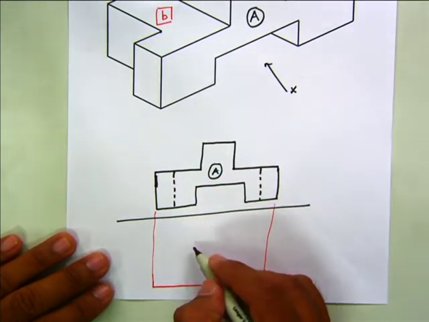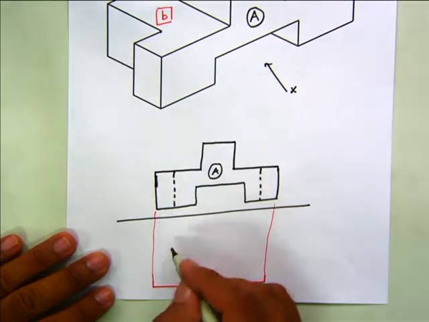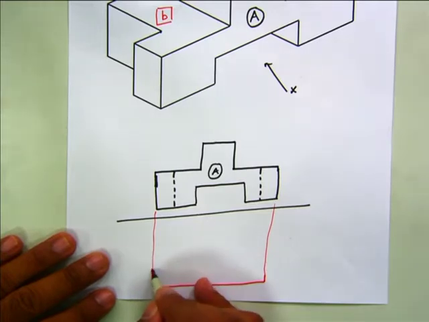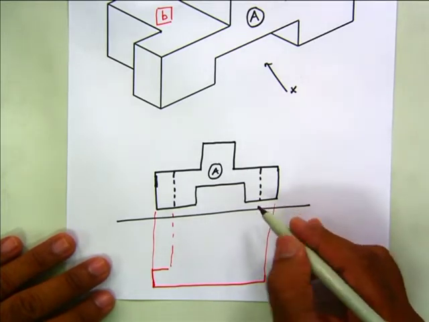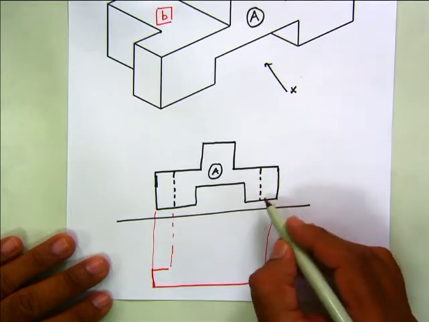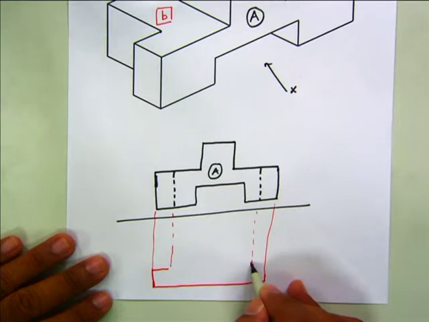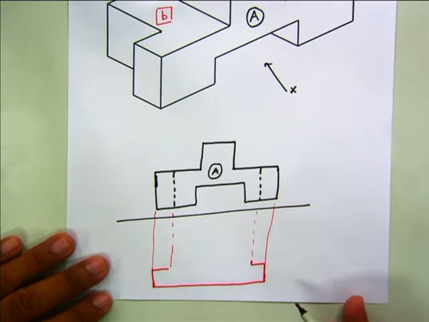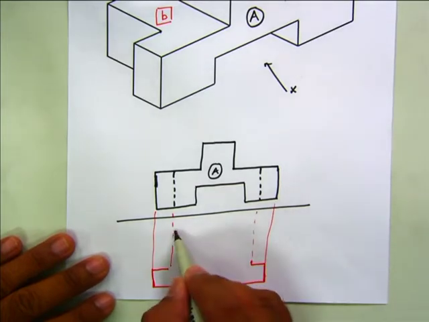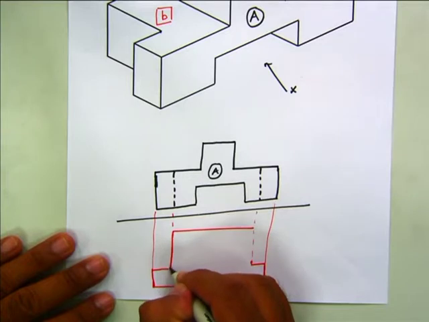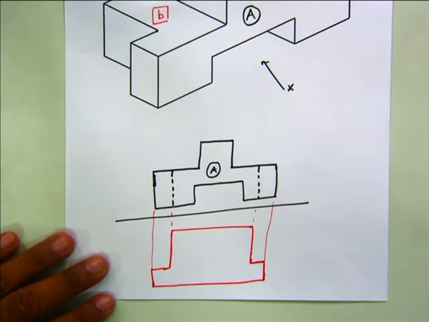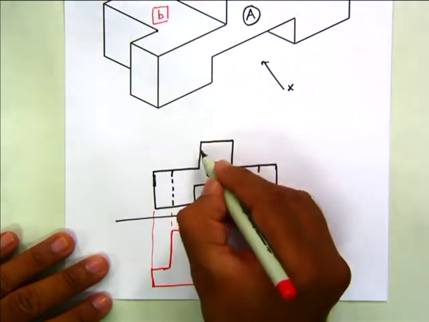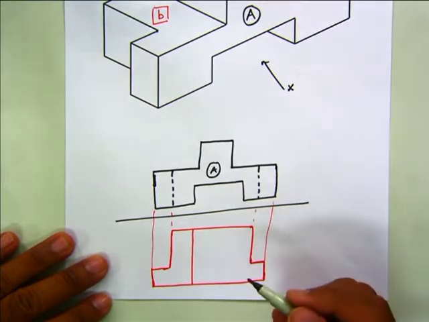From here, this you can draw here, and this you can draw here, this and this. Where this line you have like this.